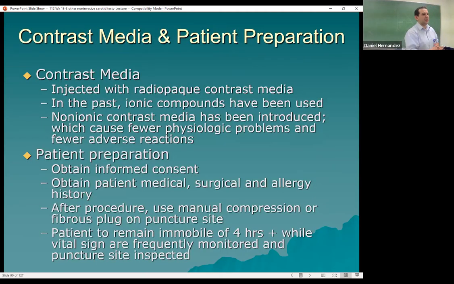We can use them to introduce contrast medium and do our interventional radiology procedures. When we're removing these catheters, we have to remember to hold prolonged manual pressure over the puncture sites in order to seal off those vessels, because we worry about potentially causing a pseudoaneurysm.